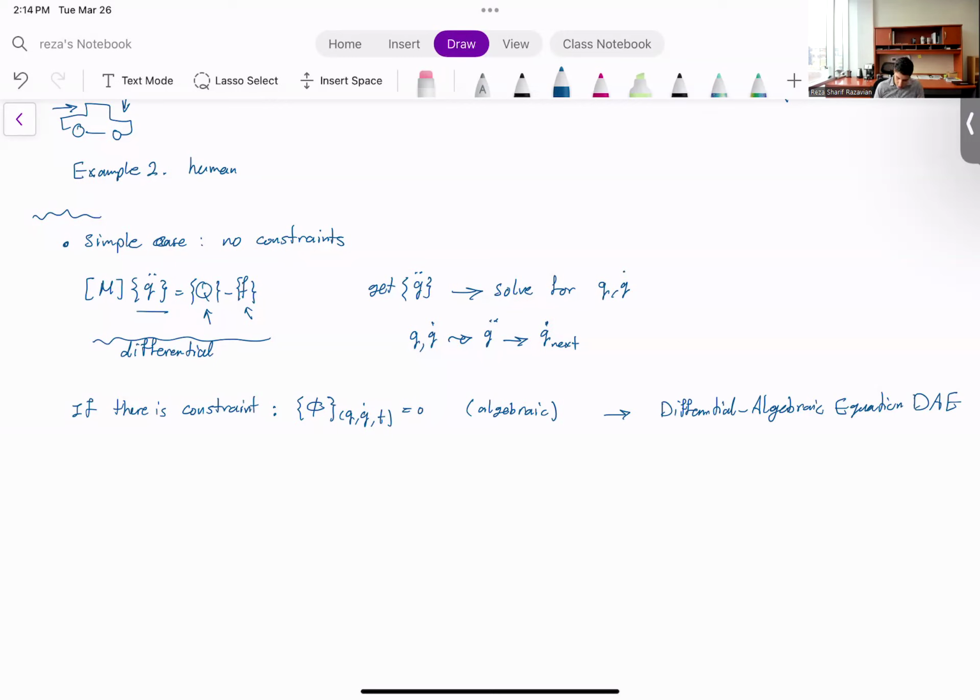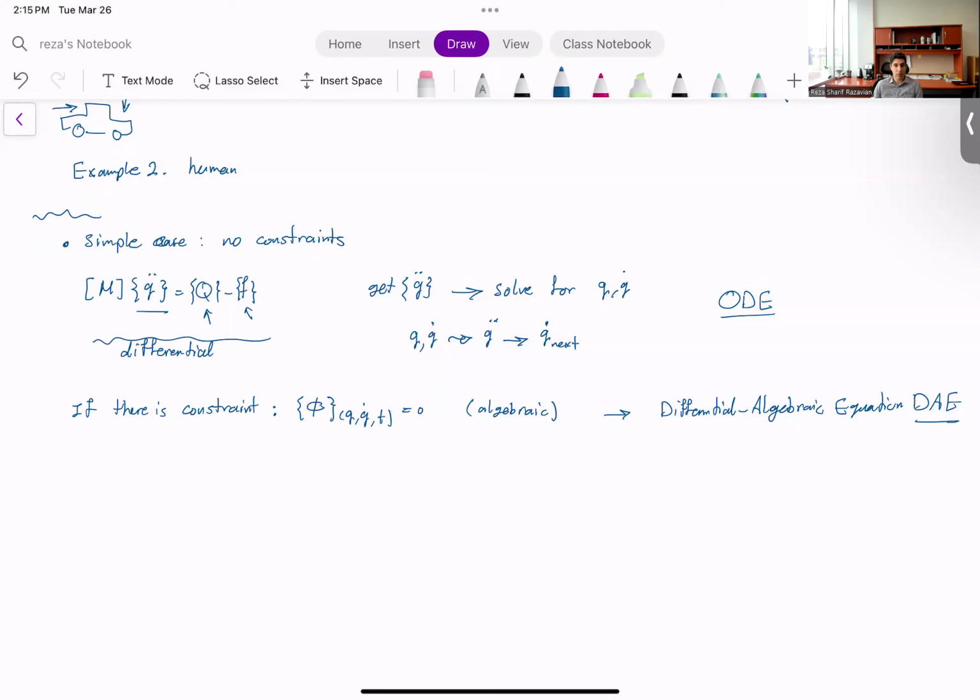Whereas if there is no constraint, you only deal with ordinary differential equations. And ODEs, just so you know, are significantly easier and faster to solve than DAEs.